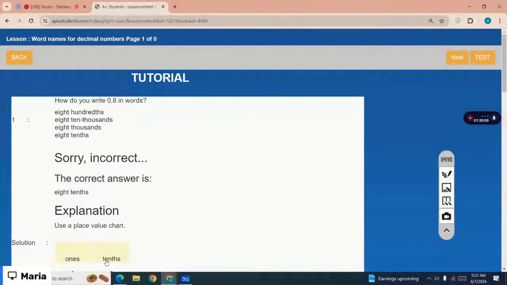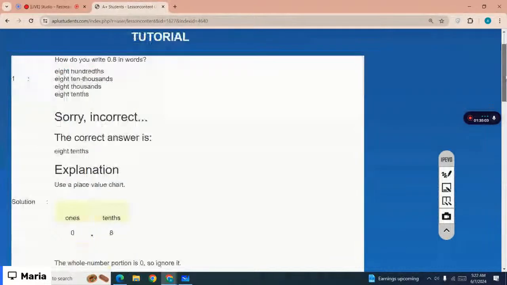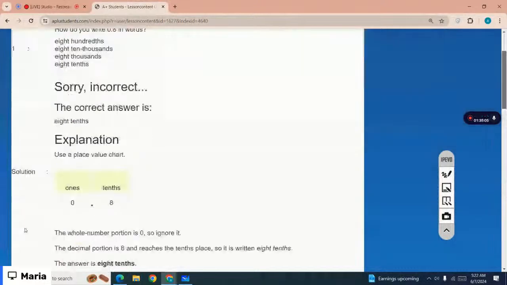If you look at the place value chart, you can write 0.8 like this, right? So how do we read? 8 is at the tenth position. So you can read it as 0.8.